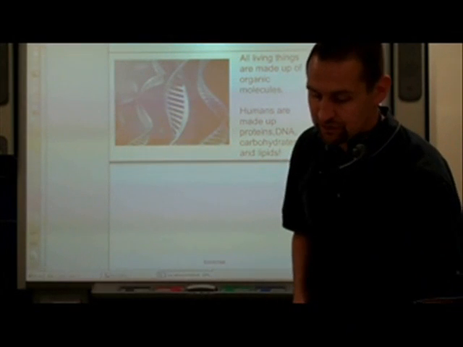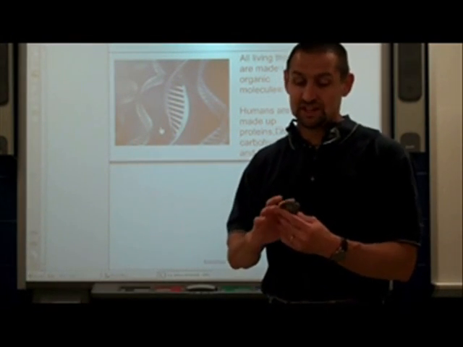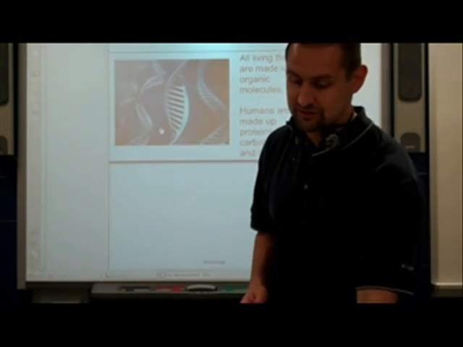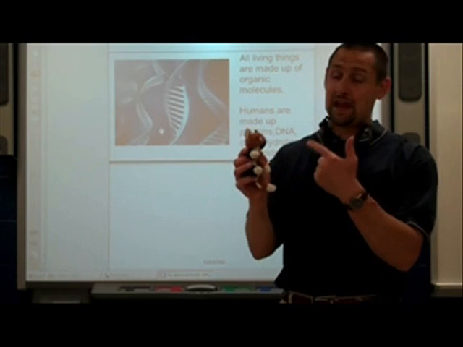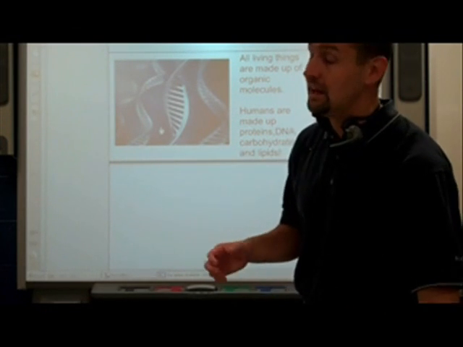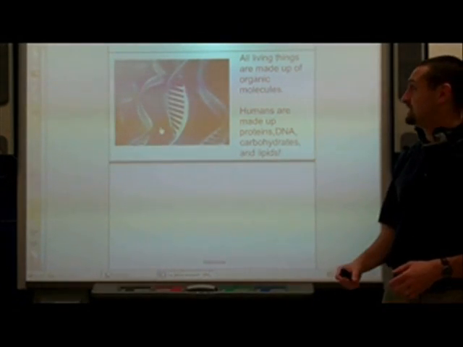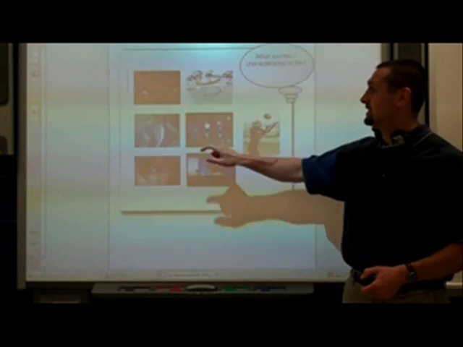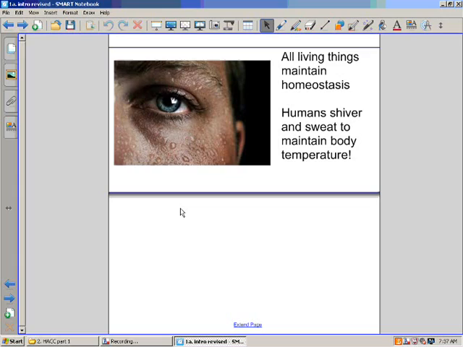In fact, if we tried to get DNA from a rock sample, we would say, no way, there's no cells in there, there's no DNA in there, there's no organic molecules in there. But a cat would have DNA, and a cat would have cells, and a cat would have those things, just like a human has DNA, a human made up of proteins and carbohydrates and lipids, has lots of these organic molecules.